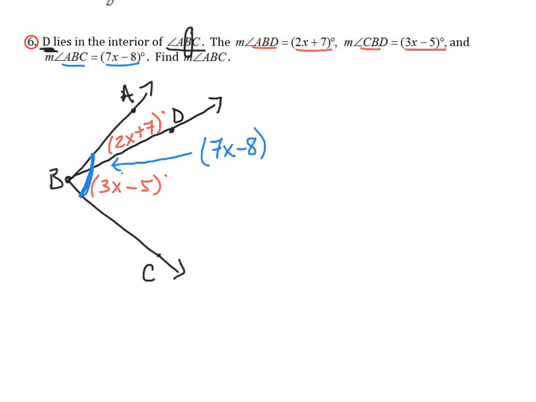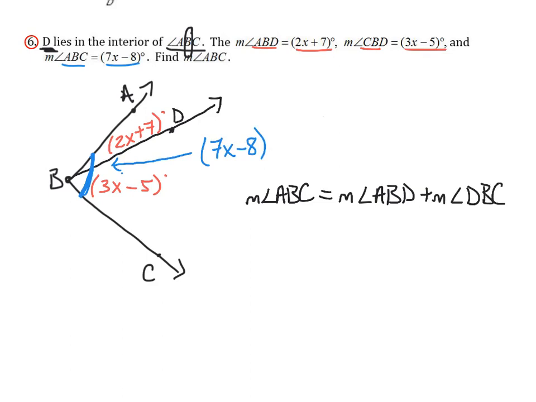Now that I have my picture, let's start off the same way I did for the previous problem. I know that the measure of angle ABC, according to the angle addition postulate, is going to be equal to the sum of the two smaller angles, which would be the measure of angle ABD plus the measure of angle DBC.